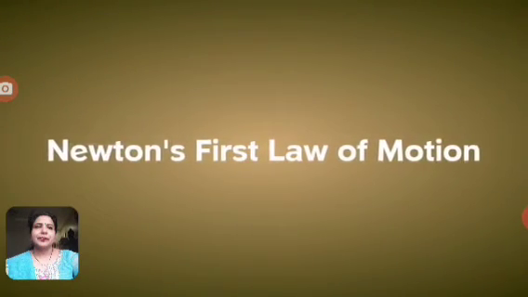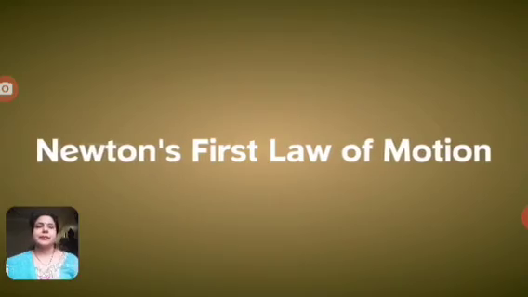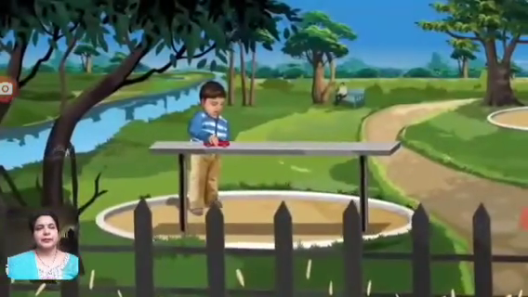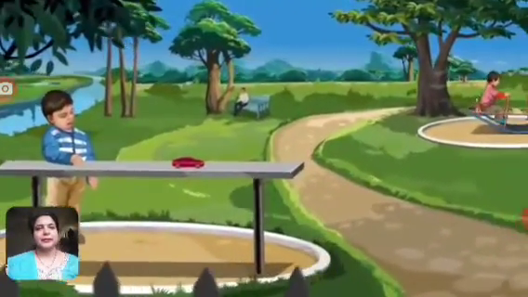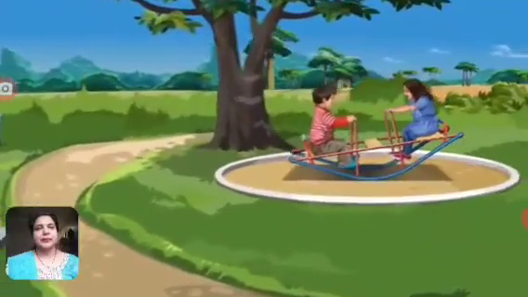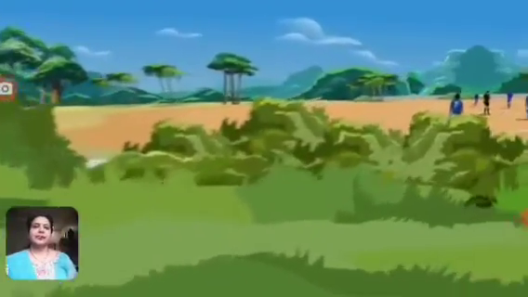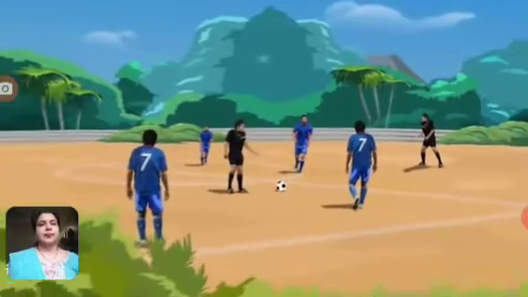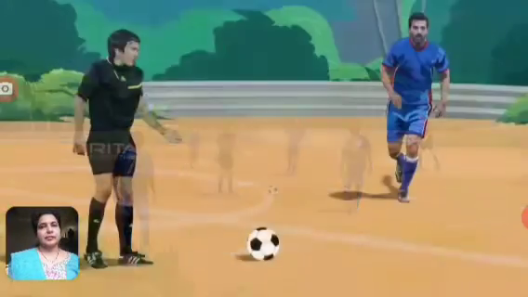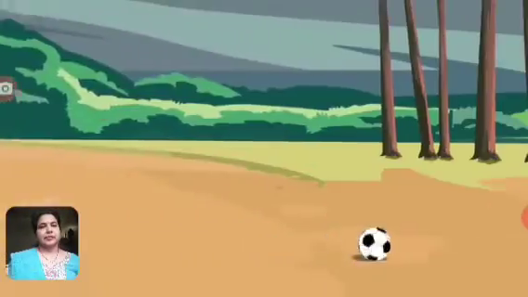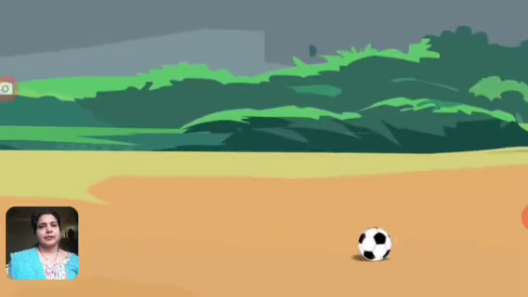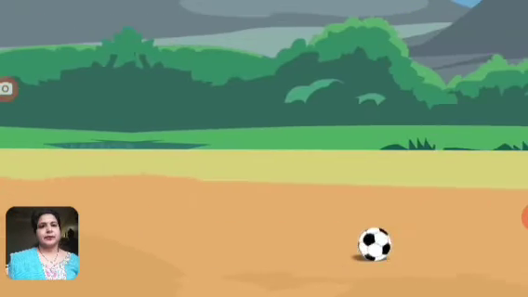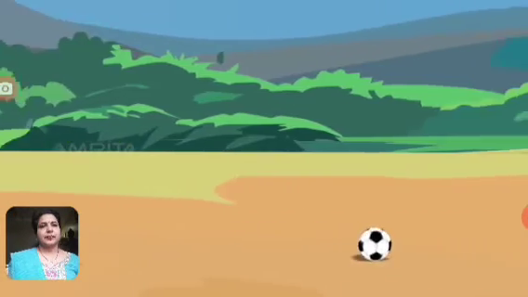Newton's first law of motion. In our everyday life, we observe that effort is required to put a stationary object into motion or to stop a moving object. Have you ever wondered if a ball kicked on the ground would keep moving forever, or after some time would naturally stop moving?